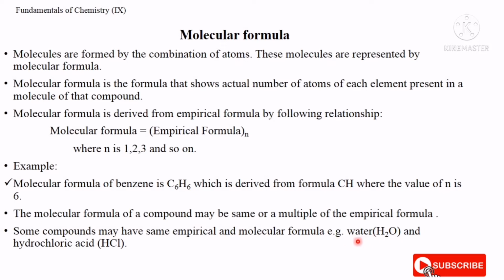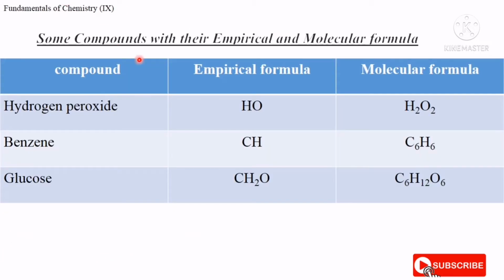For example, in case of water, we already have the 2:1 ratio of hydrogen and oxygen, that is already the simplest ratio, and the molecular formula of hydrochloric acid is also HCl, that is 1:1 between hydrogen and chlorine.